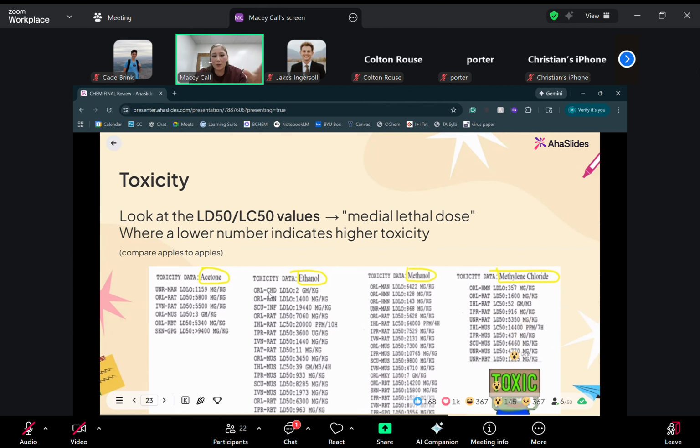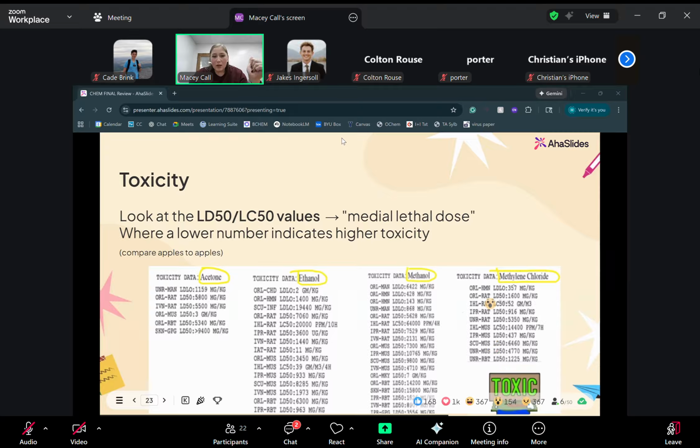So you wouldn't want to compare the rat to the man, okay? Because rats and humans are different species. They're not going to be affected the same way by a certain compound, okay?